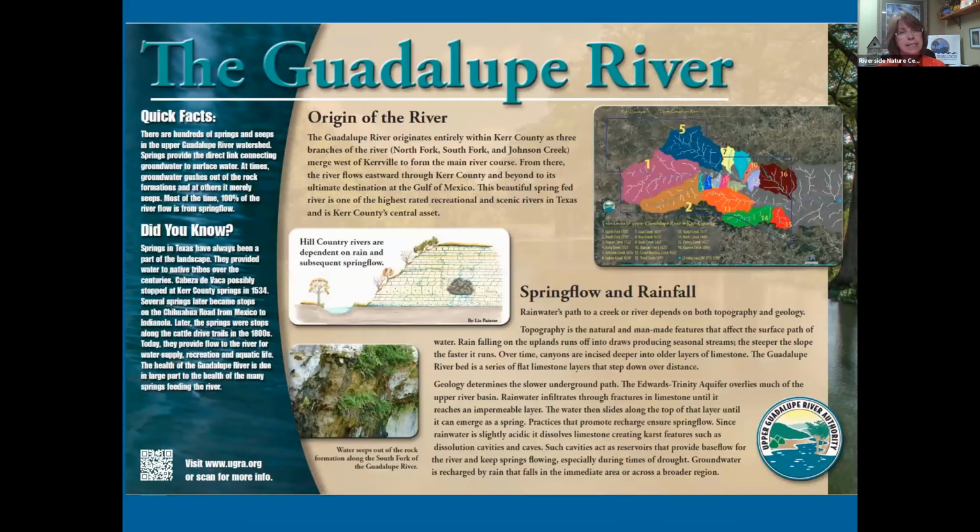So our next sign is the Guadalupe River, and it's appropriate, I should say. We're talking about a UGRA project, and this Guadalupe River, of course, is at the core of their mission, and that just brings us back to why we are concerned with the landscaping, and why we are taking these measures to mitigate runoff.